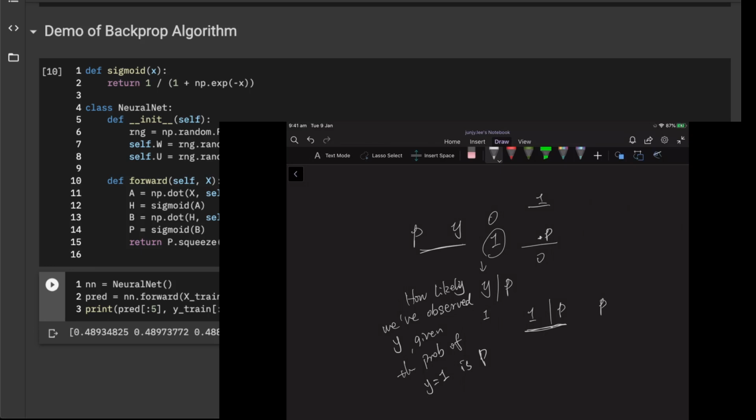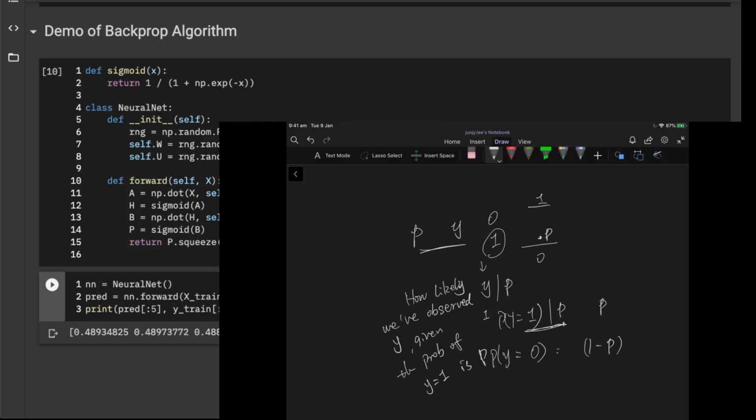If the observed value is 0, but we have predicted that y equals 1 with probability p, then the probability of y equals 0 is 1 minus p.